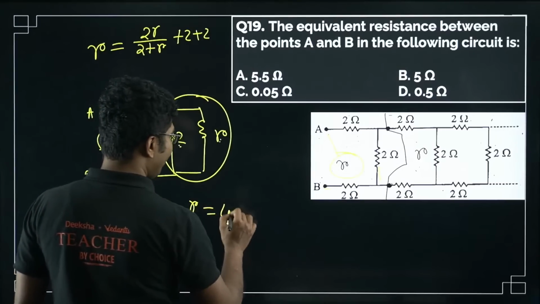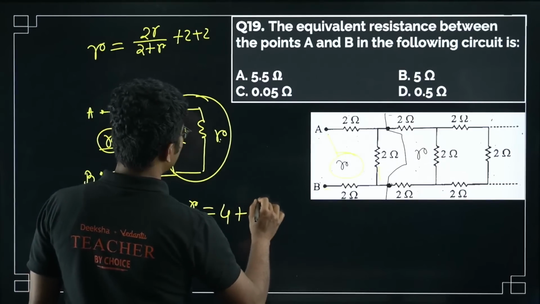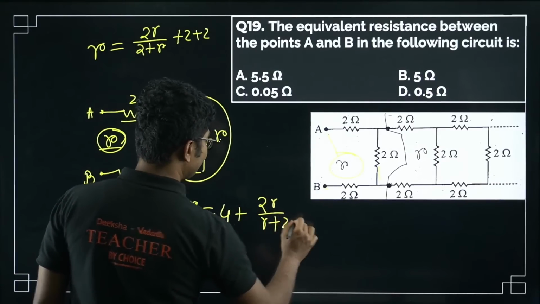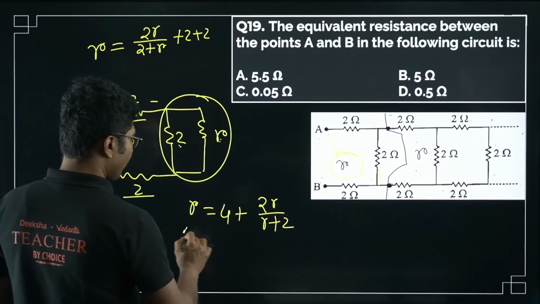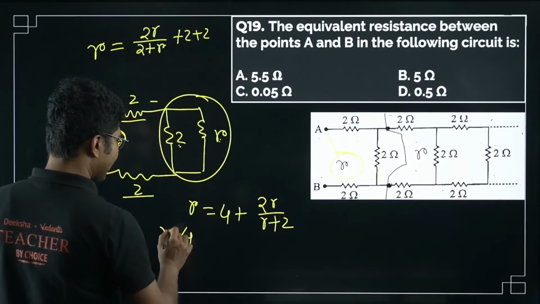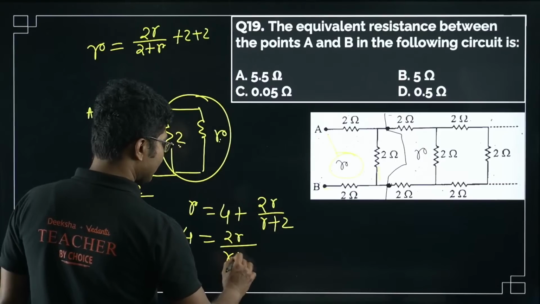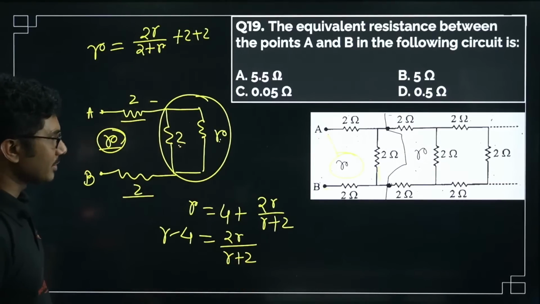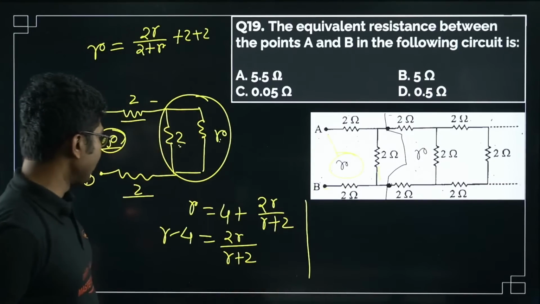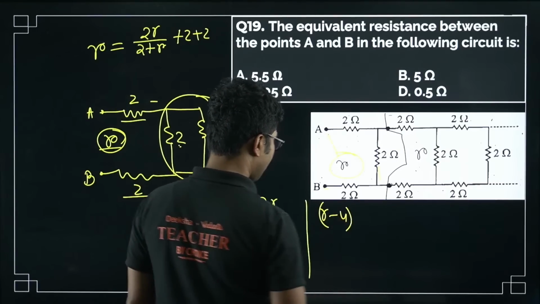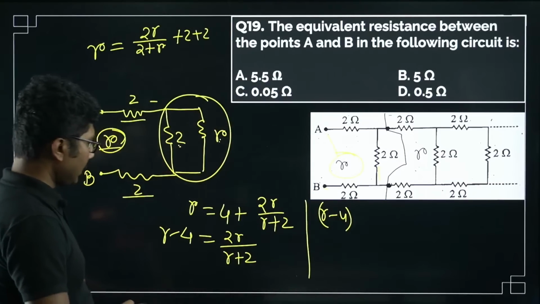So 4 plus 2r divided by r plus 2. Now 4r minus 4 equals 2r by r plus 2. Now here we have to do a cross multiplication. So you will get r minus 4. I think there is no other way.